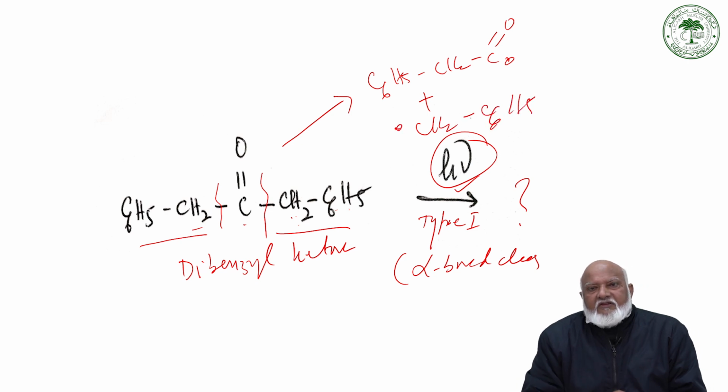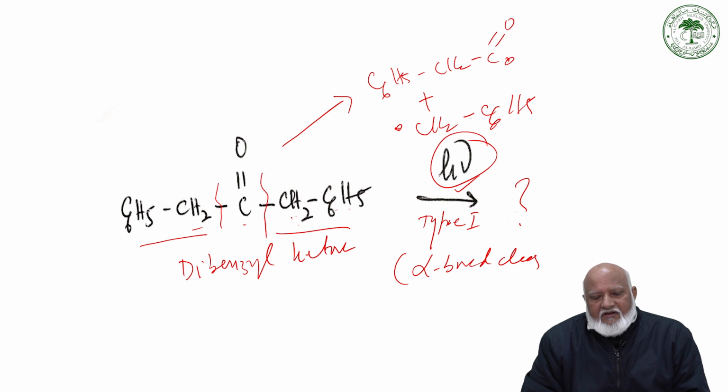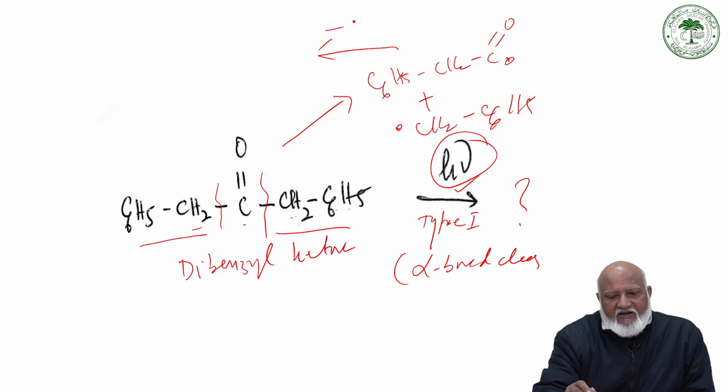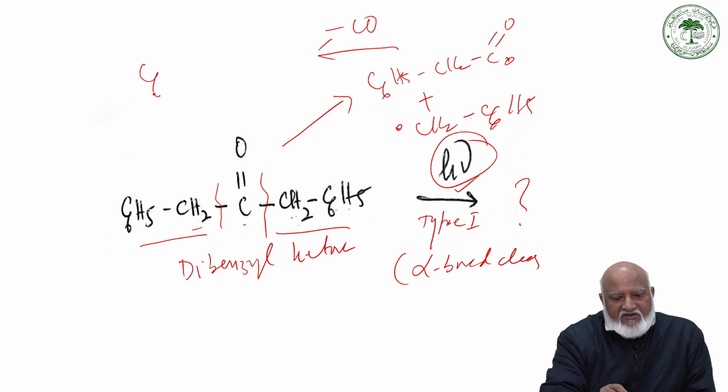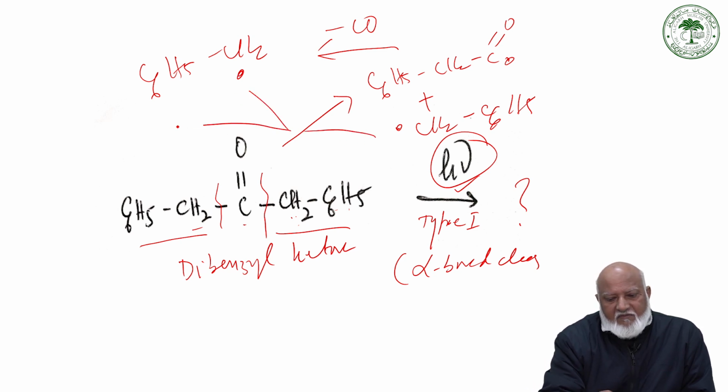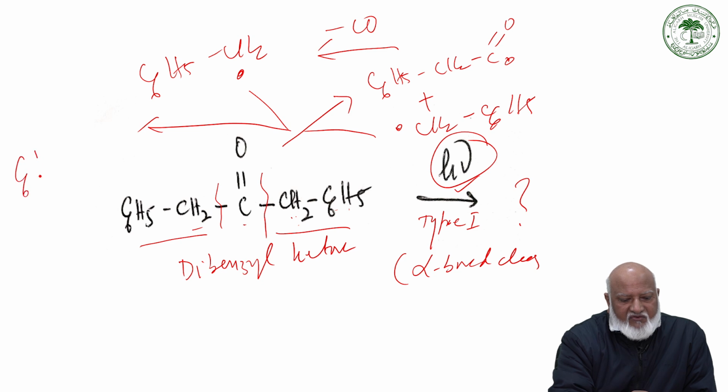So this is the first step, the alpha bond cleavage, and then this can very fast undergo decarbonylation to give C6H5 and CH2 radical. And now these can recombine to give C6H5 CH2 CH2 C6H5.